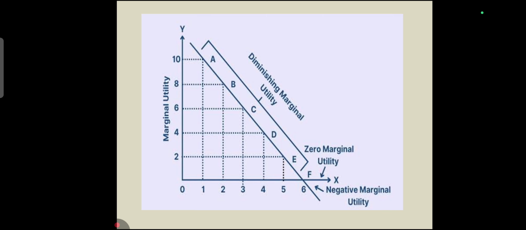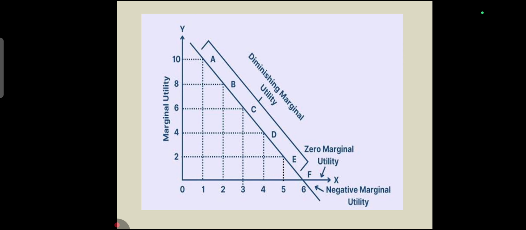Understanding the graph of the diminishing marginal utility, it is a downward sloping graph, and it simply states that the marginal utility can be zero and negative as well, because if we are hungry, we are consuming more and more of the commodities. There will be a point wherein we don't want to consume any additional unit, and after that, if we consume, it will have a negative repercussion on our health or even on our likings and preferences.